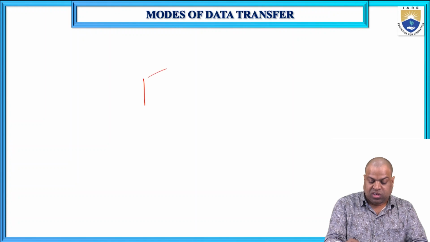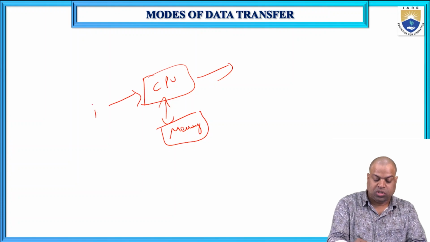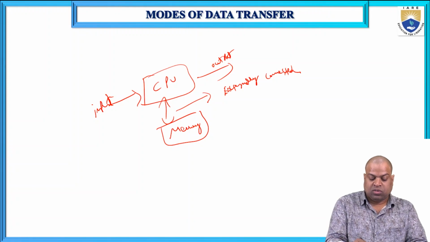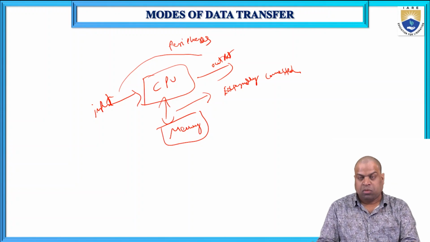So if we are taking the CPU, definitely we are connecting to the memory, and the CPU connecting with input and output. So CPU to memory, it is externally connected. Inputs and outputs are the peripherals.